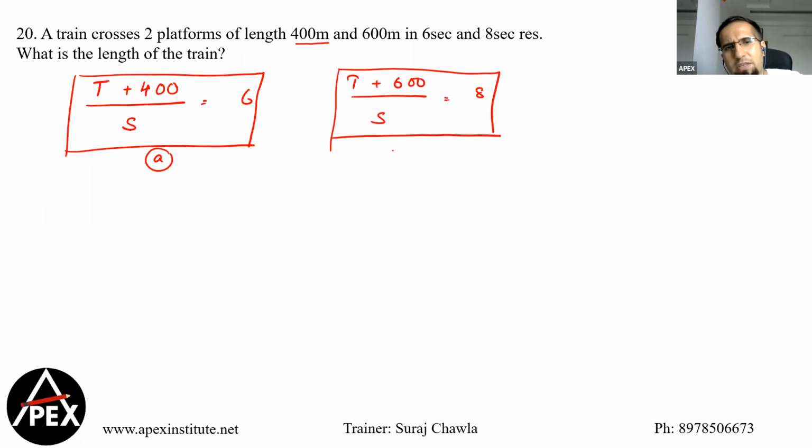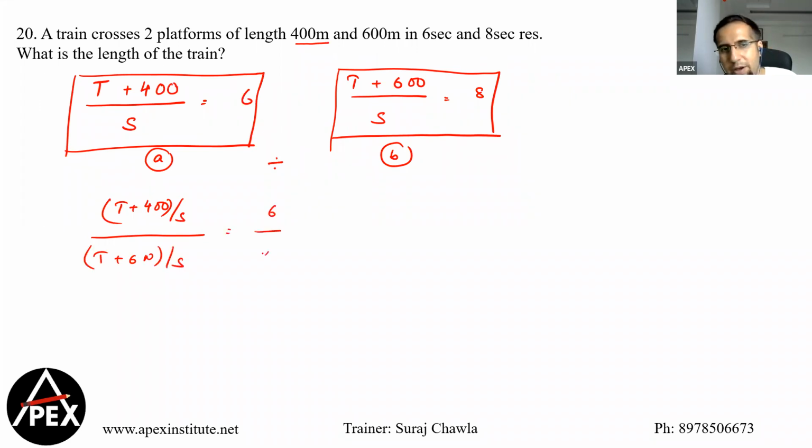Now, tell me, guys, what is asked in the question? The length of the train or the speed of the train? The question asks for the length of the train. That means speed is not important to me, right? So, if you have to cancel speed, I have to divide both the equations. If I divide both the equations, what would I get? T plus 400 divided by S, whole divided by T plus 600 again divided by S, is equal to 6 by 8. 6 by 8 is equal to 3 by 4.